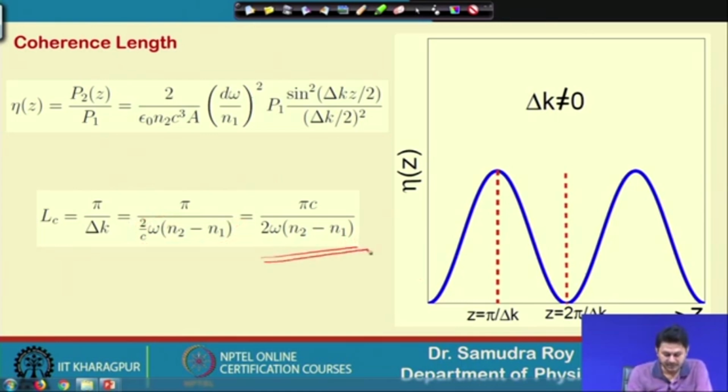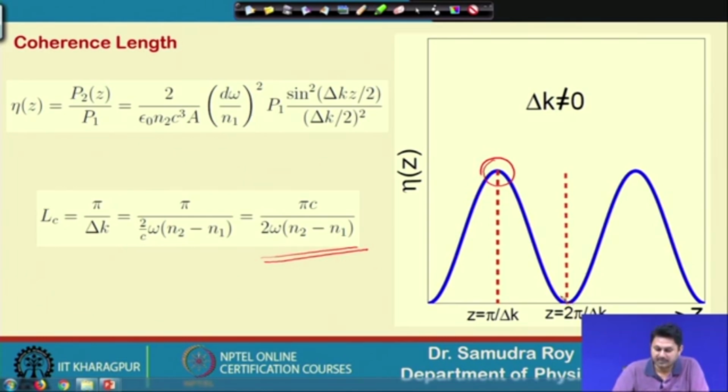So, the coherence length is important. Once we have the knowledge of n2 and n1 of a system, then we are able to find out what the coherence length is, because at the coherence length we have the maximum efficiency. But after the coherence length, the efficiency will drop very rapidly and eventually we will not have anything at some point.